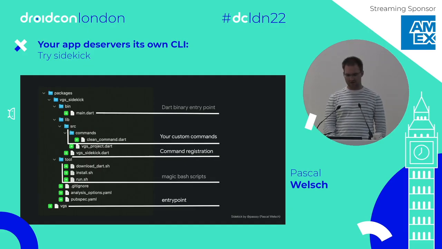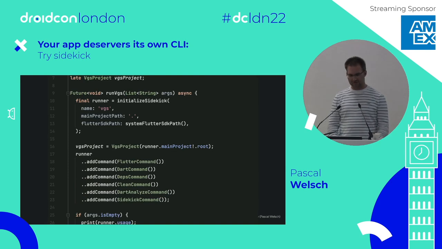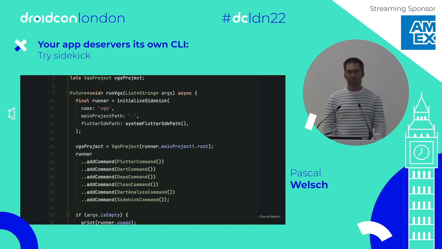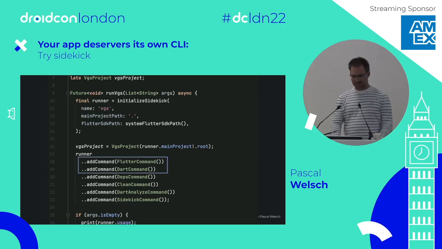Let's look into the command registration, because this is where basically all the magic happens. It's the main file basically for your CLI. First, of course, you have to initialize Sidekick. There you may have to provide some paths, and then you add new commands to the runner. These are all the pre-installed commands, and later we will add a new command.